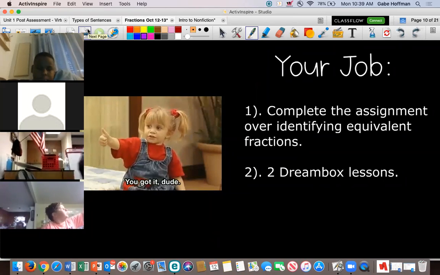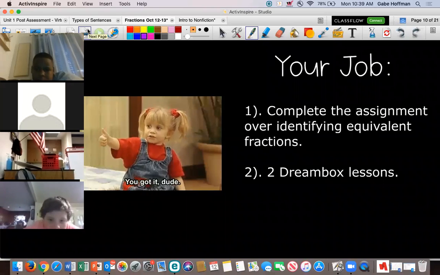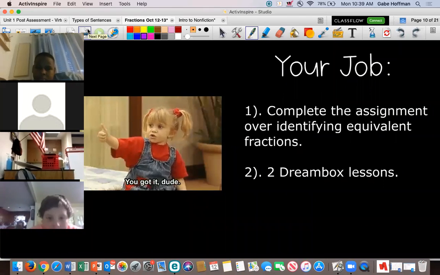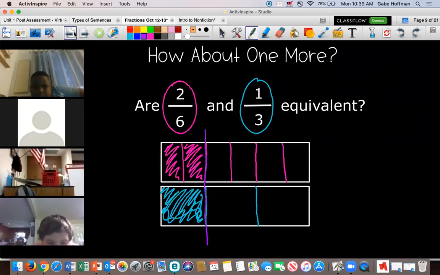All right, y'all, I'm going to talk you through what your assignment is today really quickly before you get started. I do want to add one thing to what Miss Weibel was saying, and I'm going to go back one slide. Another way to say they're equivalent is that even though the pieces are different, they take up the same amount of the whole.